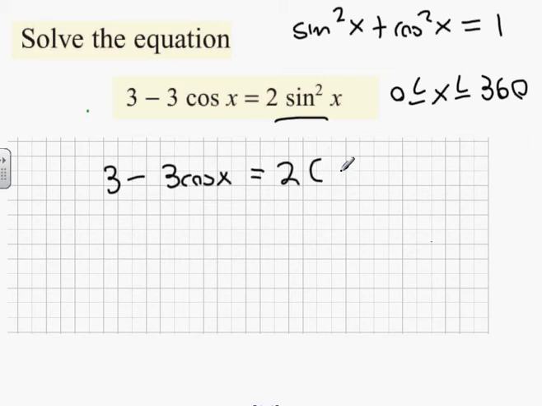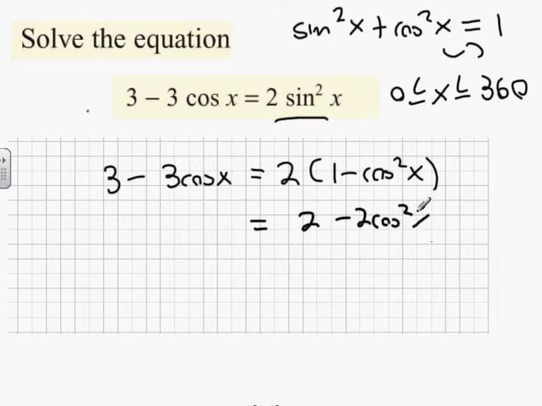So sine squared x, we move this over to the other side, sine squared x equals 1 minus cos squared x. Multiply it out, we get 2 minus 2 cos squared x, and 3 minus 3 cos x.